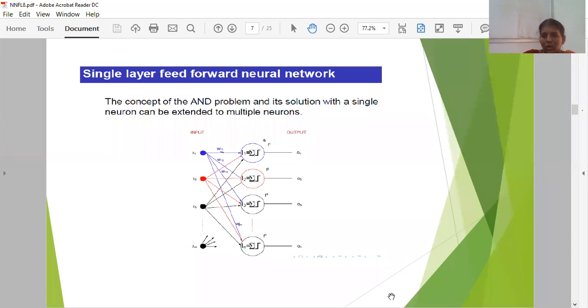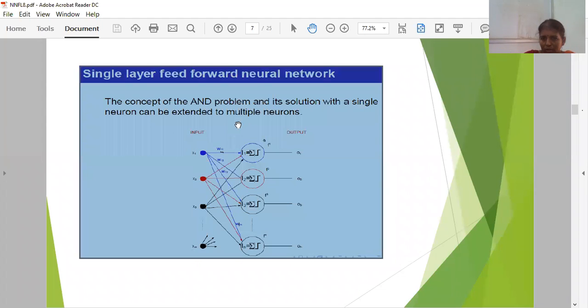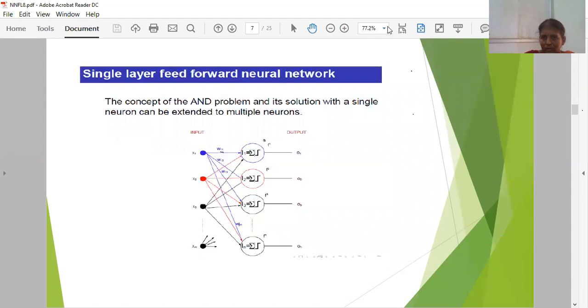Okay, so each neuron is connected to different summing points. See, the first neuron is connected to different summing points, and you need to cross check the summation of weights along with inputs.